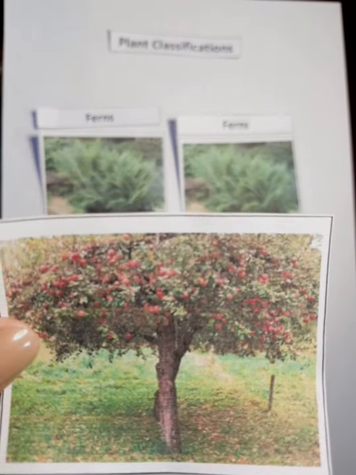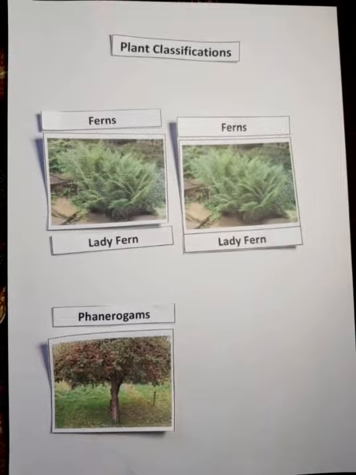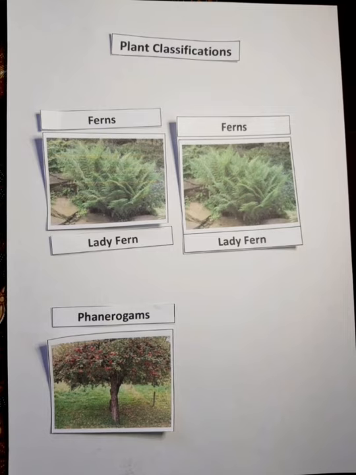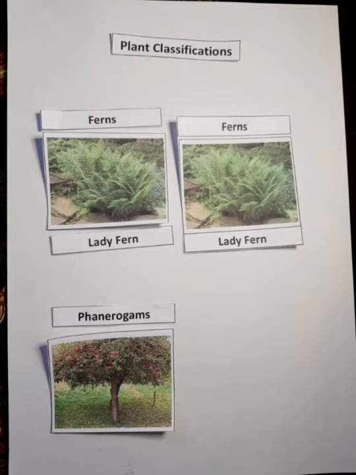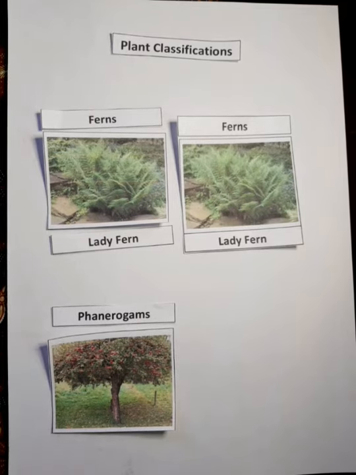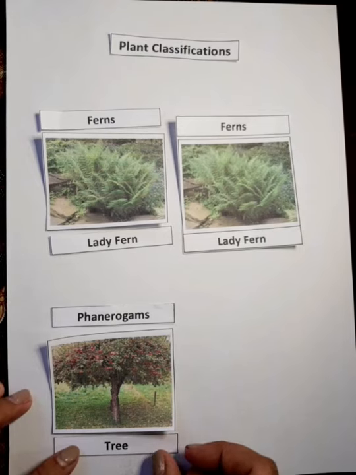Then another example can be flowering plants. Can be flower that has seeds inside the flower, then it will grow becoming flower again. And then another example can be paddy and corn.